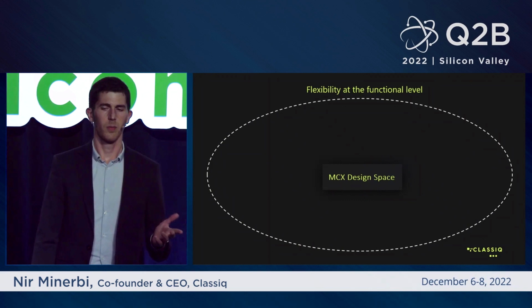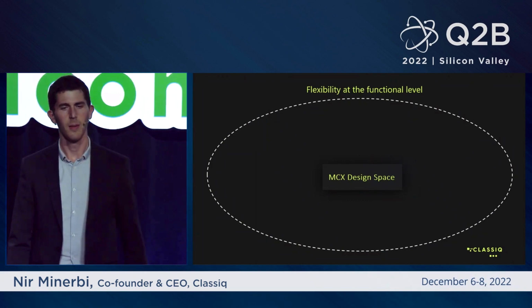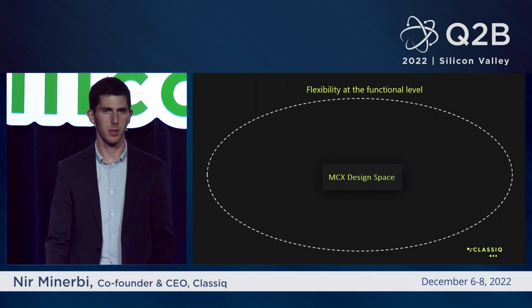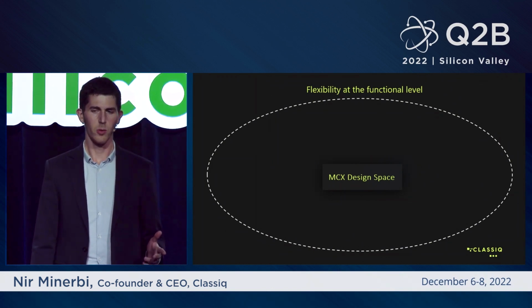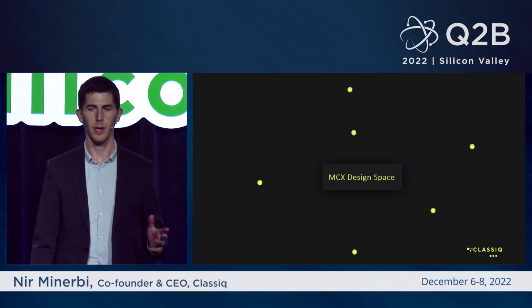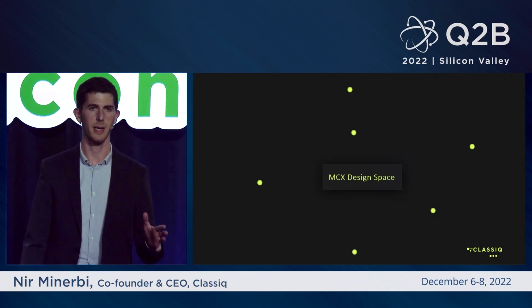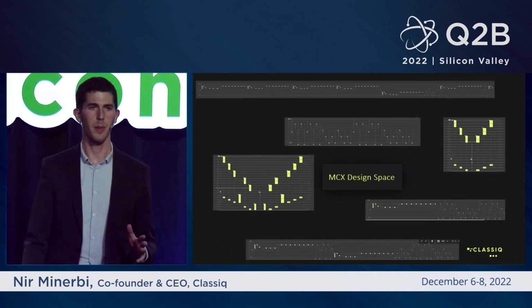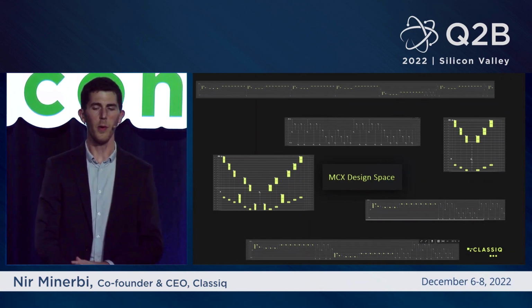Let's take a look at multi-control X, which is a very common building block in many quantum algorithms. And let's take a look at its design space, right? Let's take 6 points on its design space, 6 different implementations of the very same functionality, and you see very different circuits.